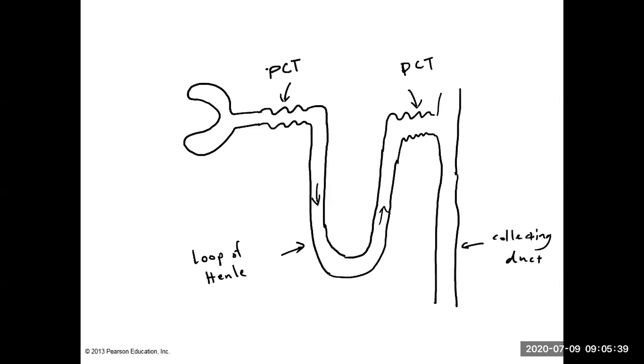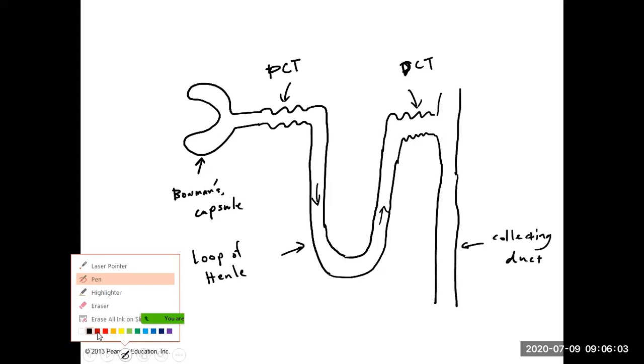So remember, this one is D, and this one is P. And this part right over here we mentioned is Bowman's capsule, also known as glomerular capsule.